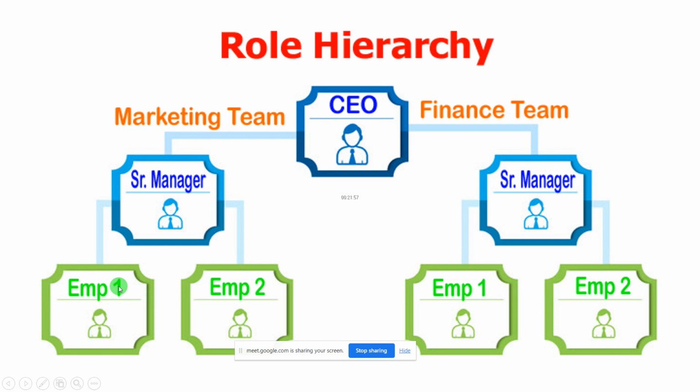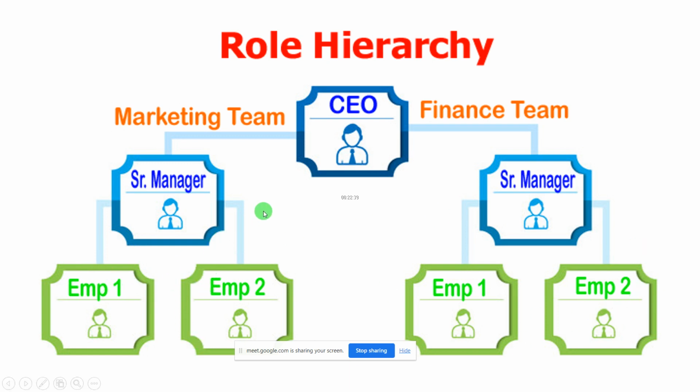Employee one and employee two will have the same access, right? But the senior manager wants to see your data and the CEO wants to see your data. And you should hide the information from employee two of the marketing team, because that is case sensitive. Salary issues we should not discuss with all the people in the organization. So what you can do is hide that object from employees.